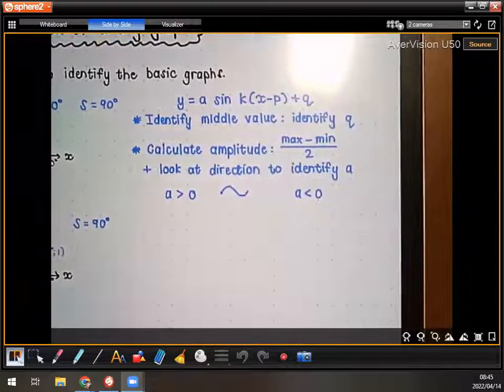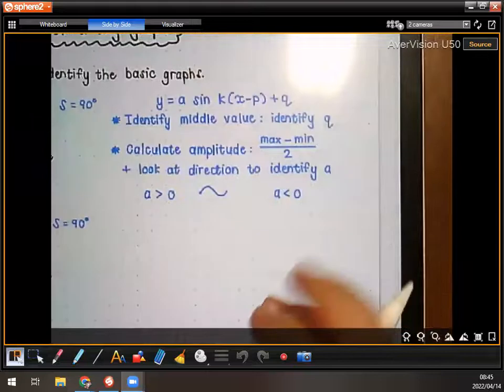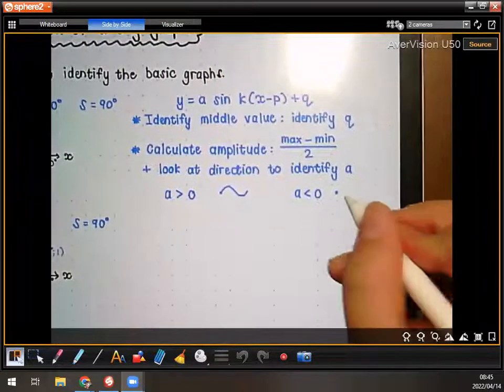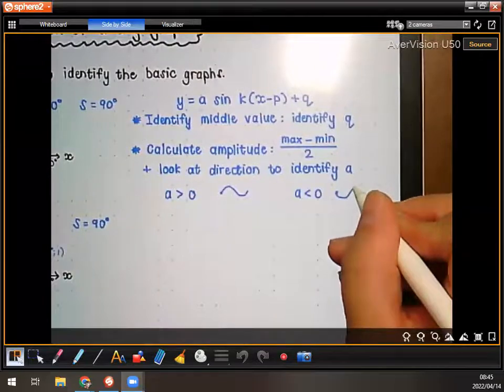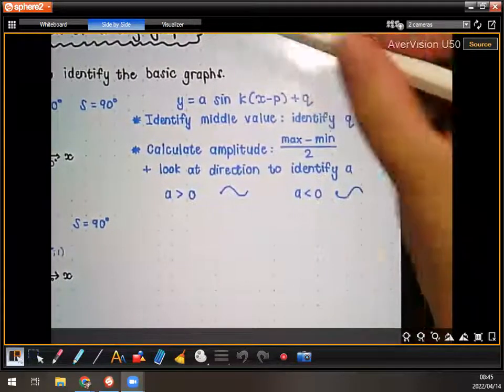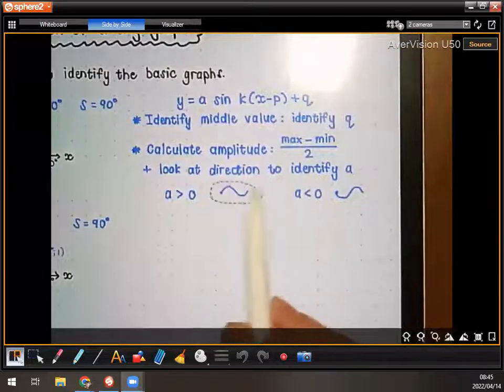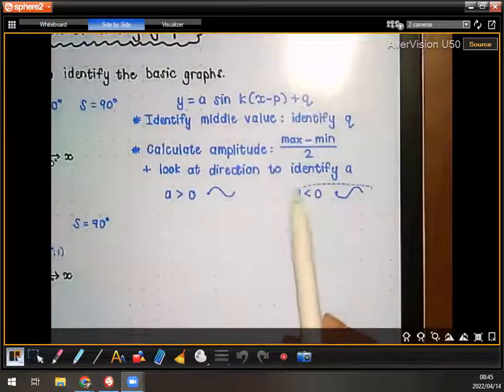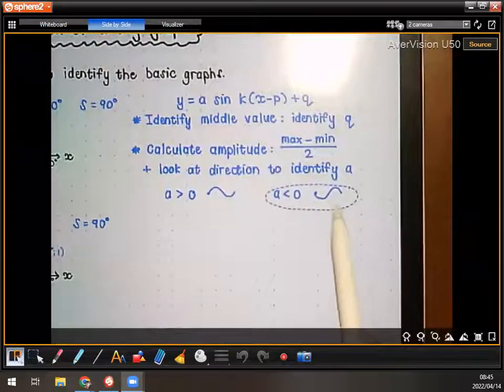So that's what I mean by direction. If instead of going up first, it's going down first, then your A value is negative. I'm sure this will be a bit clearer once we actually are looking at examples. So don't stress if you're feeling a bit lost.